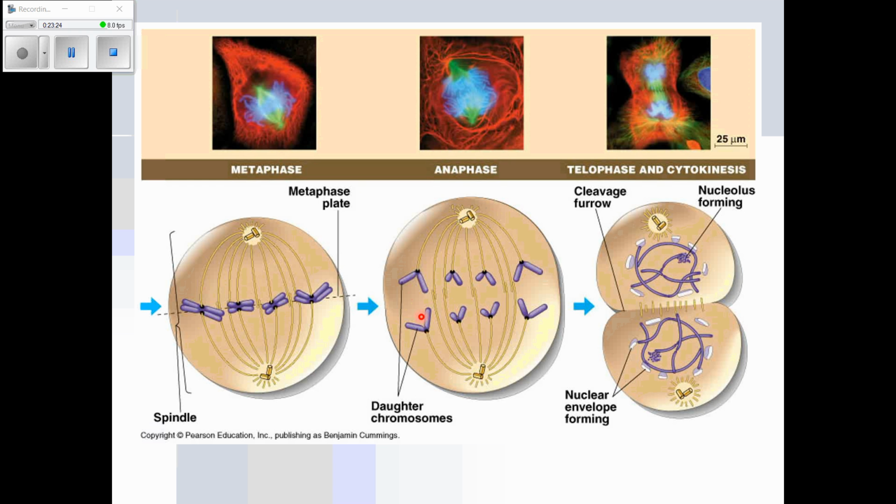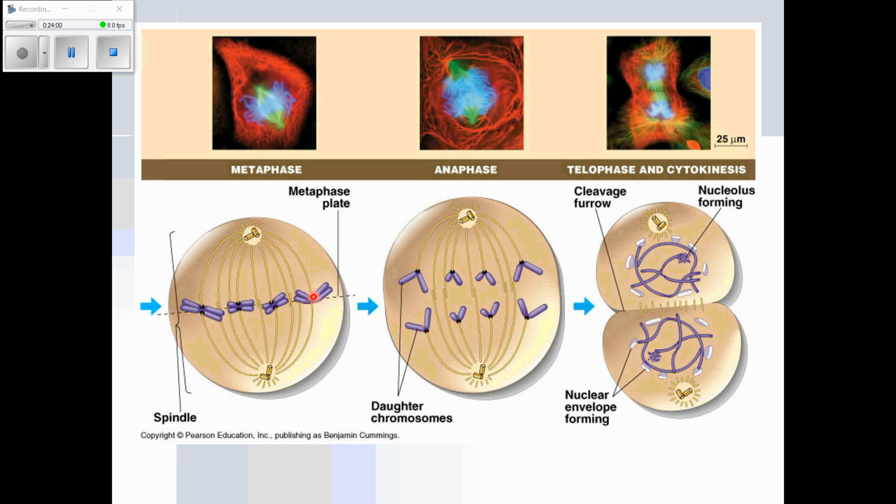And I know that's confusing because the total amount of DNA is the same. If we were to count chromatids, the number hasn't changed. 1, 2, 3, 4, 5, 6, 7, 8 chromatids. We still have 8 chromatids in this picture. But remember, when you have sister chromatids that are connected together and they haven't separated, then we call this whole thing a chromosome.